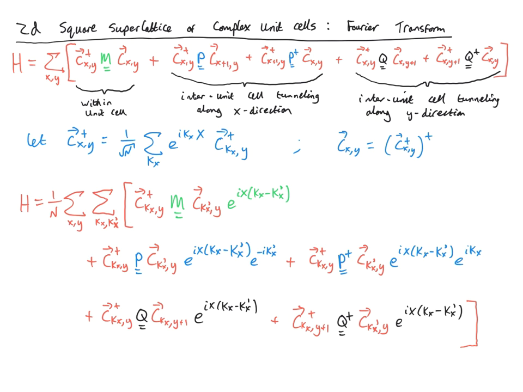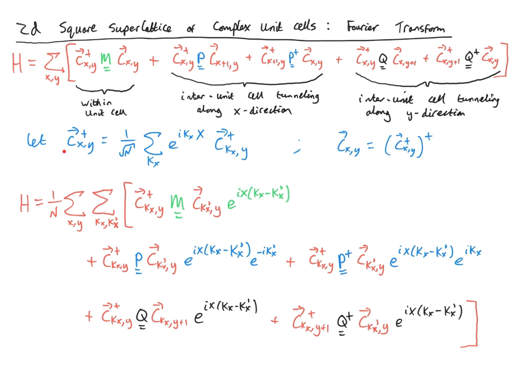So first of all, I'm substituting this expression for the operator vector cxy and the corresponding annihilation vector cxy into our original Hamiltonian. So I still have a sum over x and y unit cells.